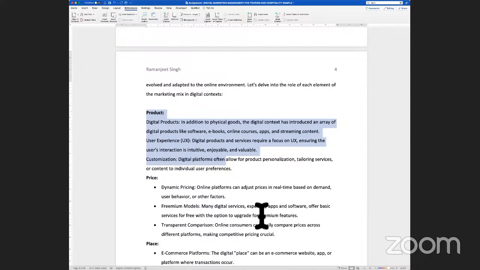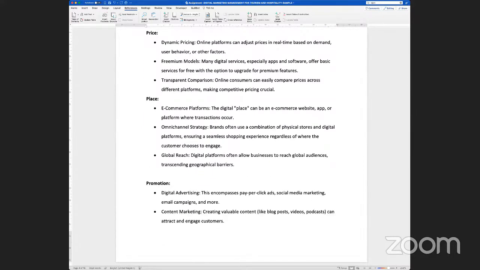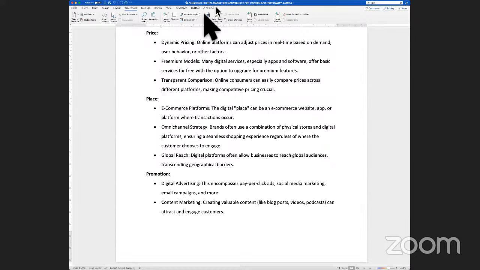So, contextualizing some part of this, the 4 P's of marketing mix cover product, price, place, and promotion. In price, we are going to be discussing things like dynamic pricing, very briefly, freemium models, and transparent comparison. The reason I'm looking at these is that today, if you book a hotel using booking.com, you're going to see that there are offers available on certain rooms.